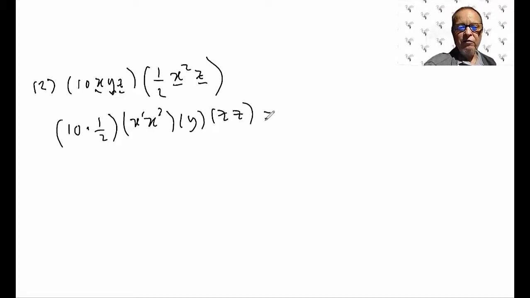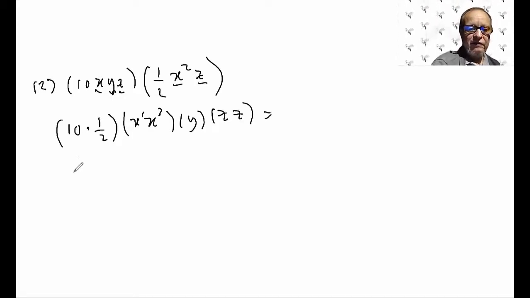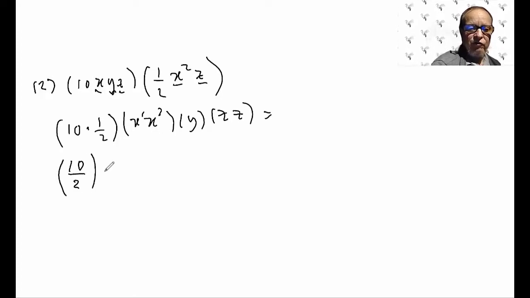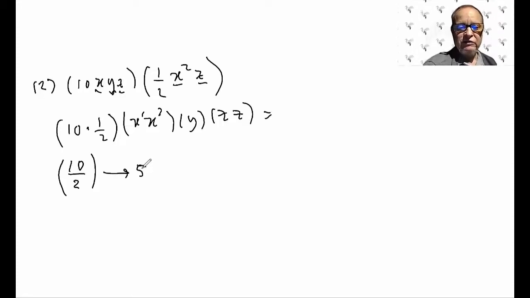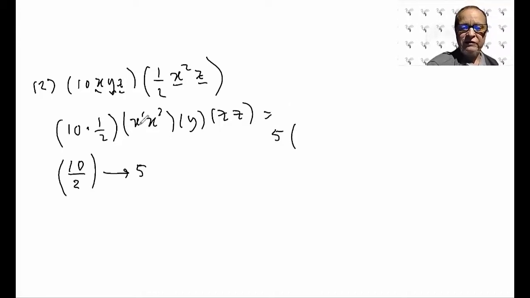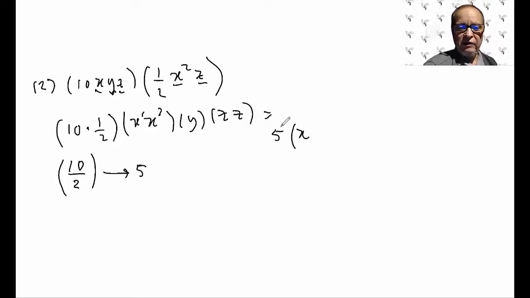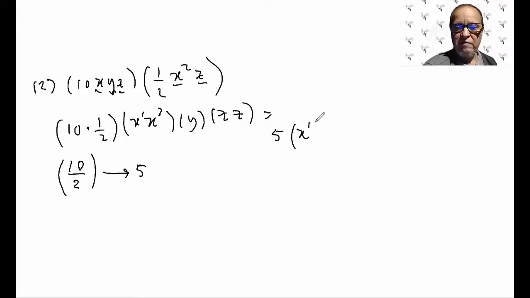So now 10 times 1/2 is the same thing as saying 10 over 2. And 10 over 2 is equal to 5 because 2 goes into 10 5 times. So that means I will get 5. Now let's look at this x. This x is 1st power plus 2.